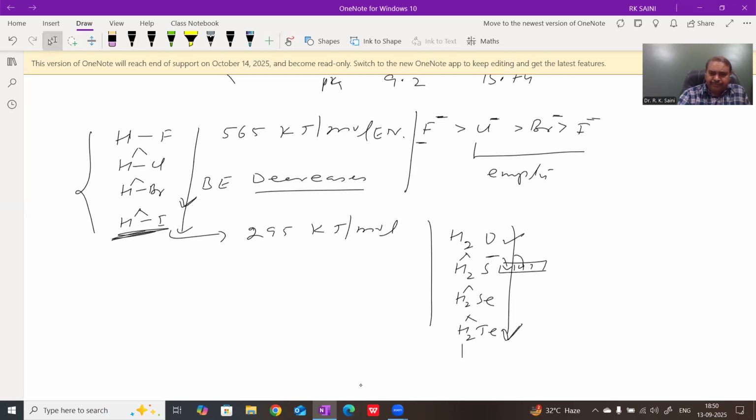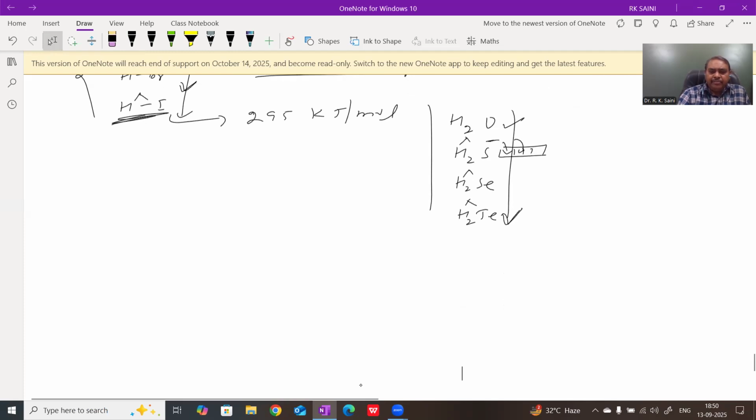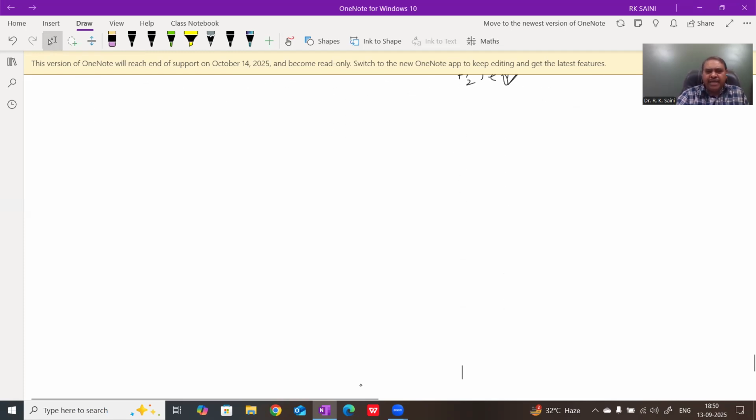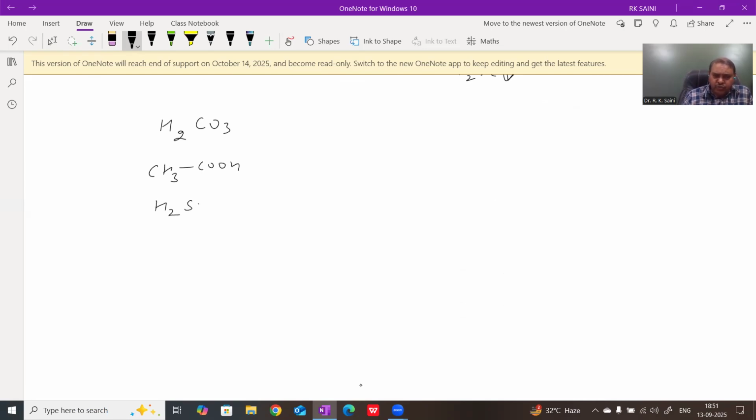Now another question. Conjugate bases are also stabilized by resonance. For example, we consider these acids: H2CO3 carbonic acid, acetic acid, sulfurous acid H2SO3, H2SO4 sulfuric acid, perchloric acid HClO4, and also HI and HF.